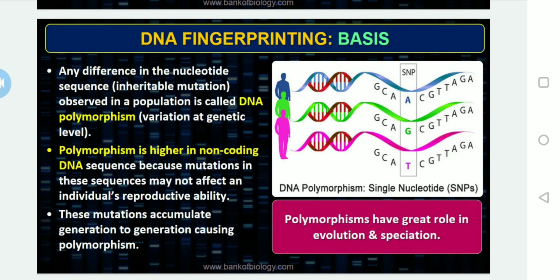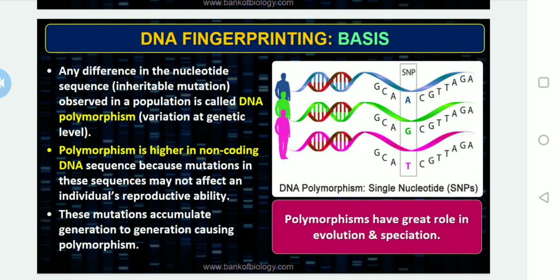This is very important. 1 mark questions also they will ask, what is the meaning of DNA polymorphism? Any difference in the nucleotide sequence, an inheritable mutation observed in a population, is called DNA polymorphism. The variations at the genetic level are also known as DNA polymorphism. They have given this on the right side in the slide.